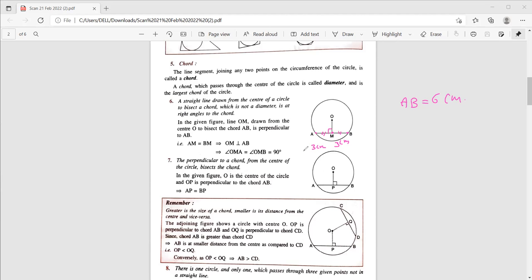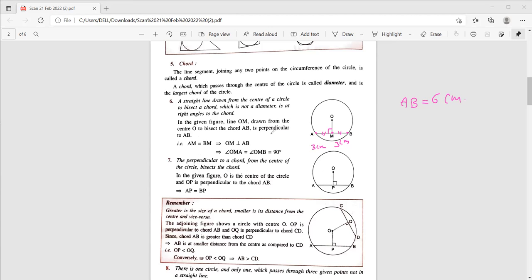So this is a very important property in circle for a chord. If a line segment drawn from the center of a circle is bisecting the chord, then the line segment is perpendicular to the chord.